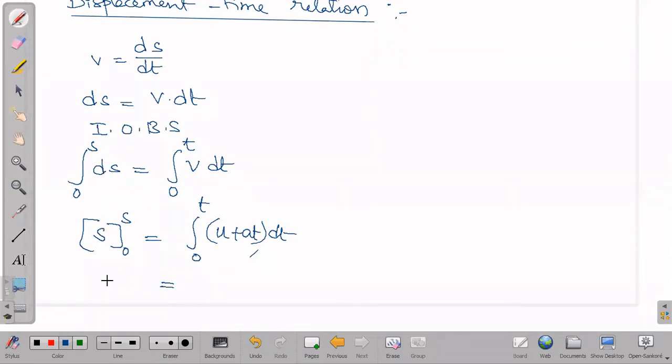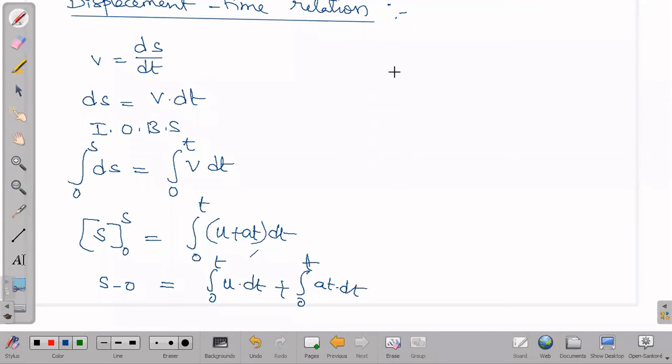Here, we get s minus 0, upper limit minus lower limit. On the right side, there are two terms: integration from 0 to t of u into dt, plus integration from 0 to t of at into dt, right?